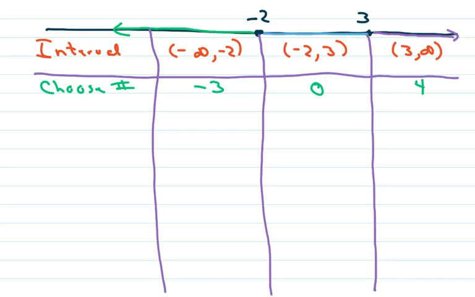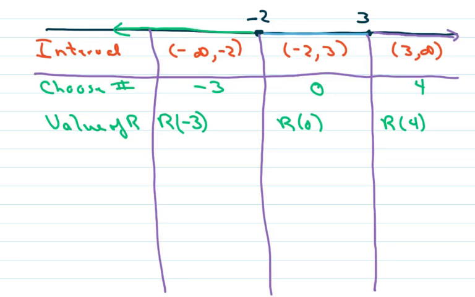So these are my x's. I'm going to find my y's, or my value of r. So you're going to evaluate r of -3, r of 0, and r of 4. When you plug r of -3 in, you get 1. R of 0 is -1. R of 4 equals 1.